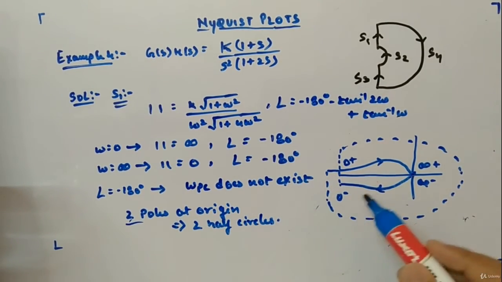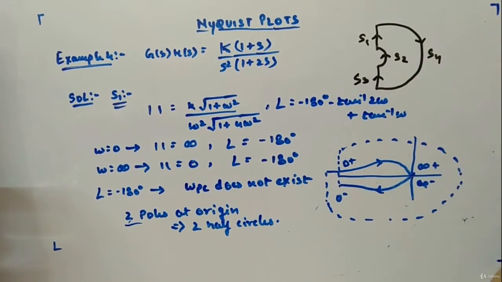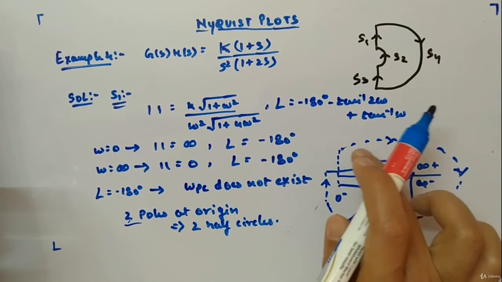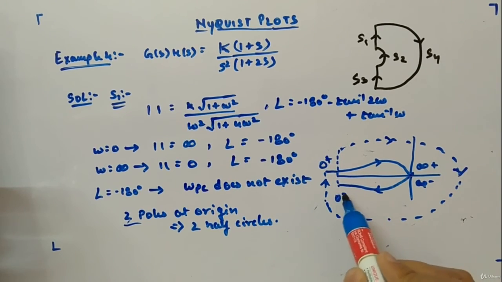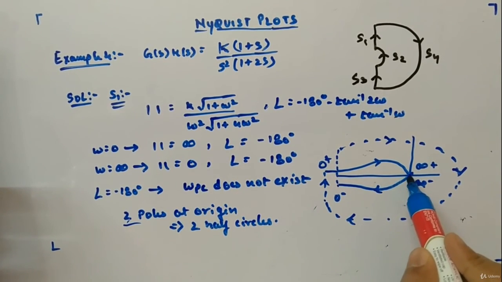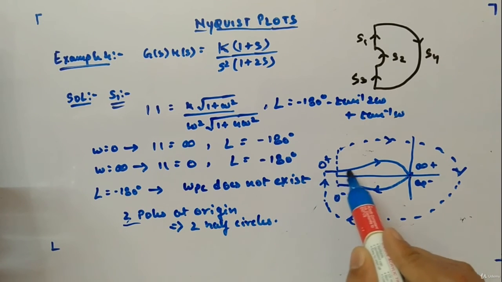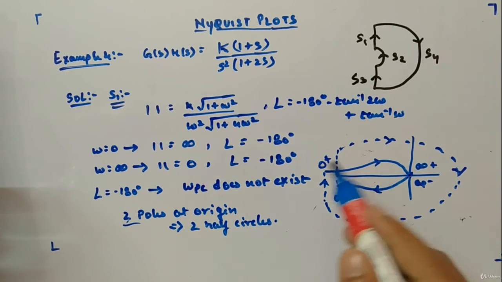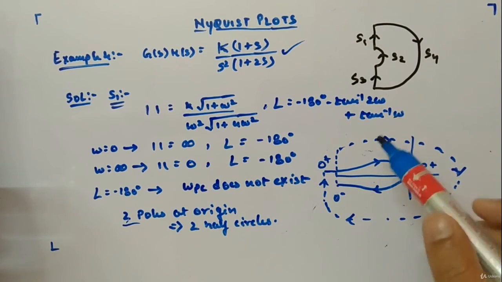That's how the curve will look: one half circle, two half circles, clockwise, because the contour is clockwise. It will go like this. This is the 0 minus position, this is the 0 plus position, this is 0 minus. So from here it will start, go here, then here, and close. That's how the curve will look for this transfer function and this contour.